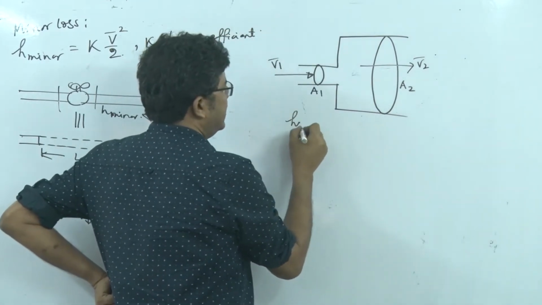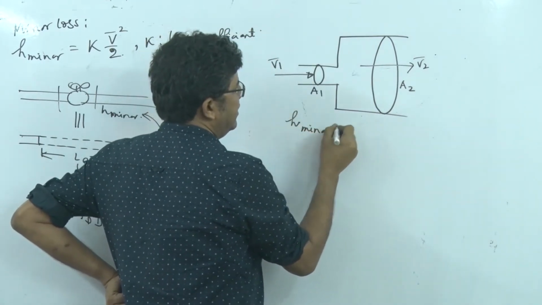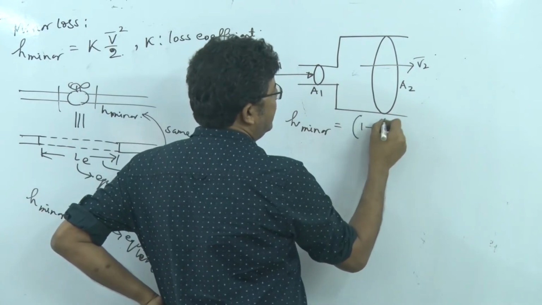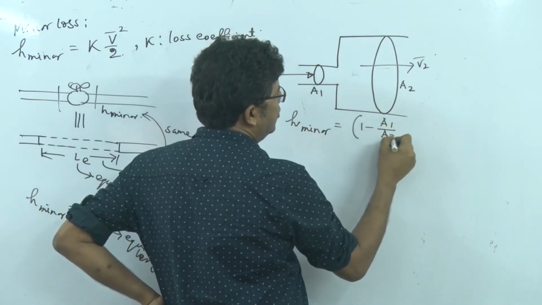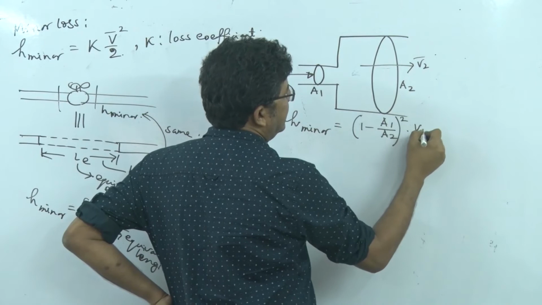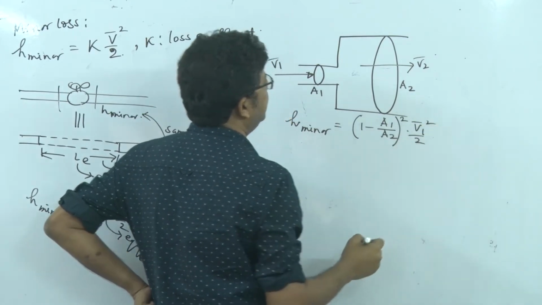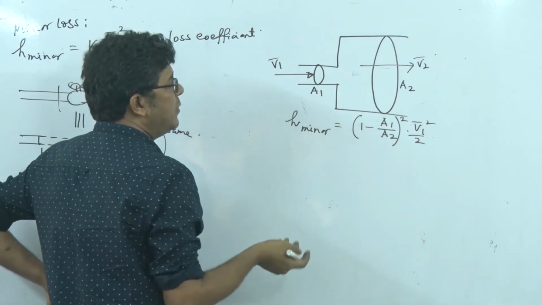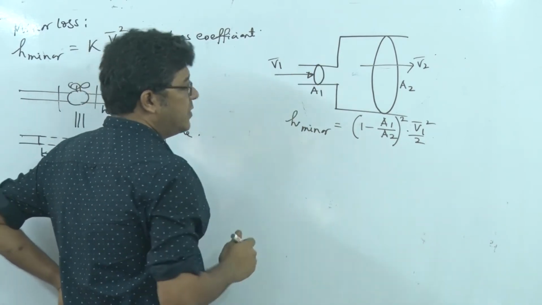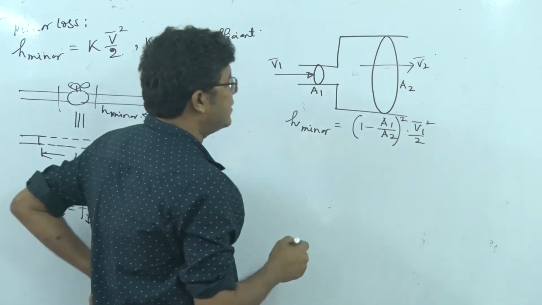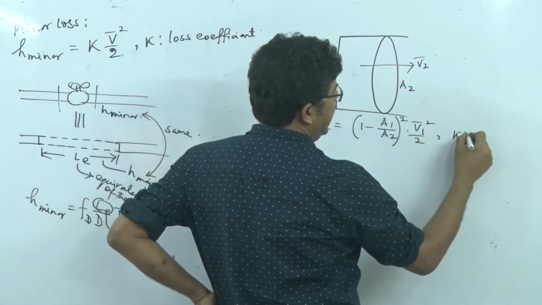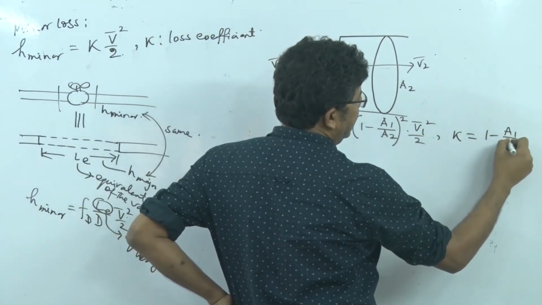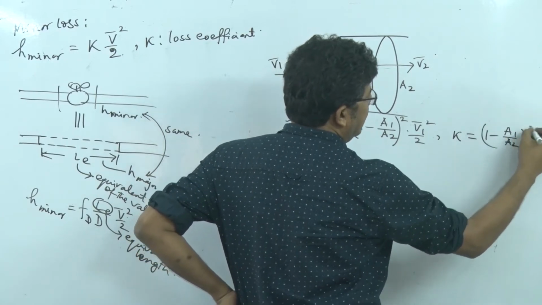So H minor we can write as 1 minus A1 by A2 whole square into V1 bar square by 2, which is the velocity head in the smaller cross section. So K here is 1 minus A1 by A2 whole square.